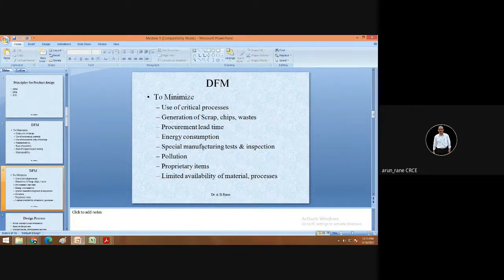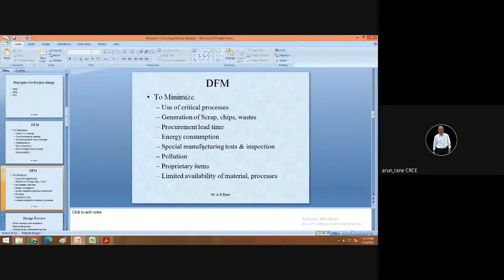All these processes you have to minimize; use them wherever necessary, only there, not otherwise. You have to minimize generation of scrap, chips, waste. All these should be minimum. Lead time, procurement lead time should be minimum. Energy consumption should be minimum.